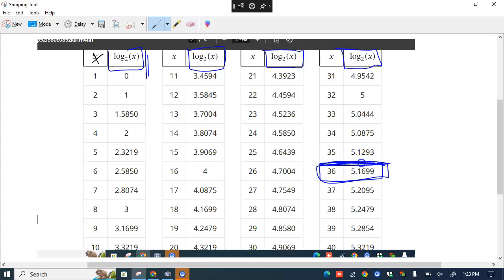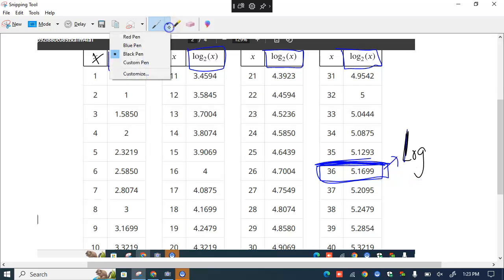When you write the log, we go and solve the problem. The log base used is 2, so I put a 2, the red color 2, and the input is 36, the black color, so I'll put 36.